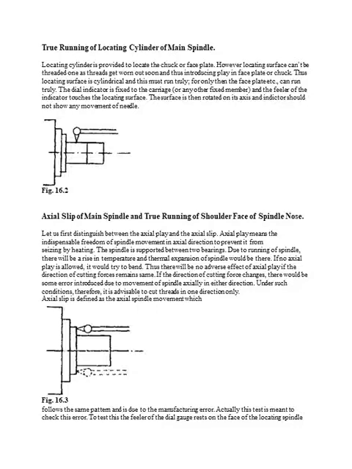That dial stand is clamped, or sometimes it will be a magnetic type. So it will be attached to the carriage, and the carriage is brought near the spindle, and the tip of the dial gauge, called the feeler, is made to touch the cylindrical part, that is the locating cylinder.